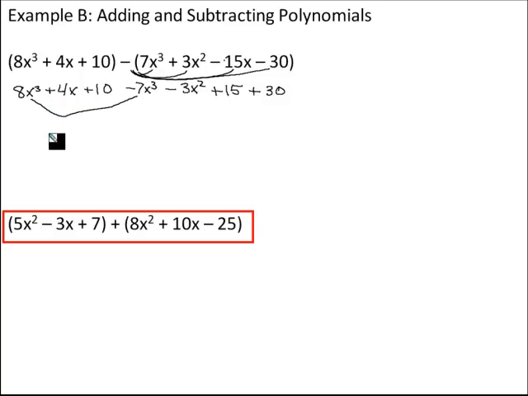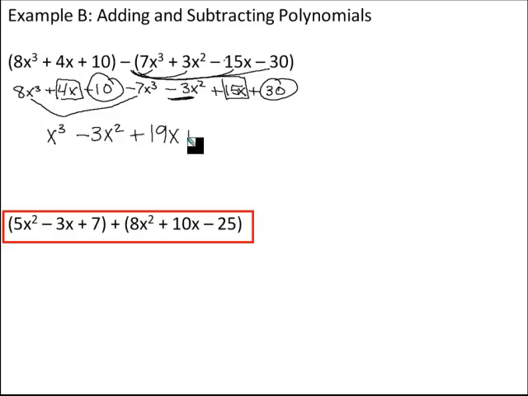Positive 8x cubed and negative 7x cubed is 1x cubed again. We only have one term of x squared, so we have a negative 3x squared. We have 4x and, oops, this was supposed to be an x, 15x, so that's 19x. And we have 10 and 30, so that's 40. So again, we have the same simplified answer there.